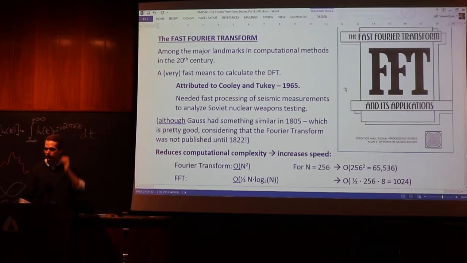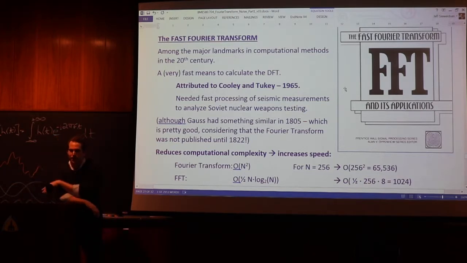Okay, I want to start to get to some applications, but I want to start by talking a little bit about the origin of what is maybe one of, if not the most important development in numerical analysis of the 20th century. And I would say that's the FFT.